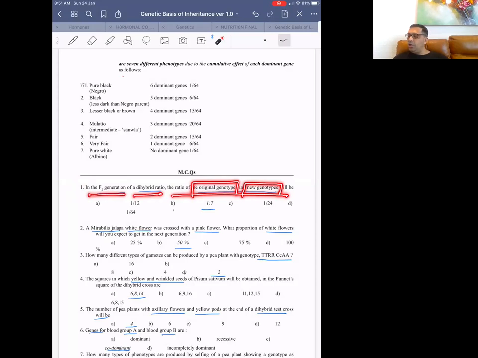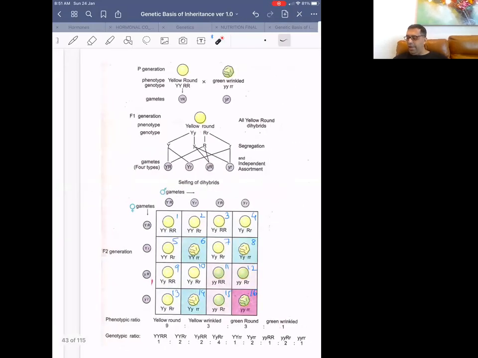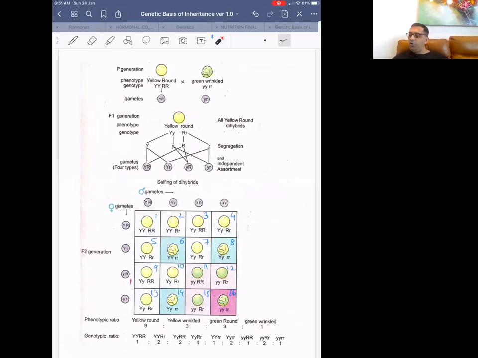Which is the original genotype? Capital Y, capital Y, capital R, capital R. Small y, small y, small r, small r. These are the parental genotypes. In the F2 ratio, we got capital Y, capital Y, capital R, capital R 1, and small y, small y, small r, small r 1.